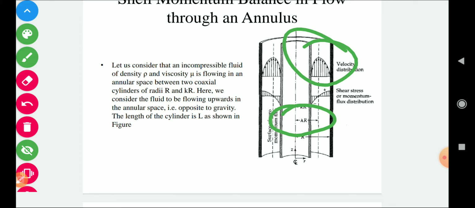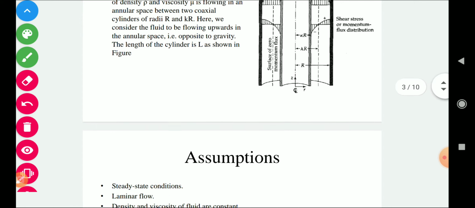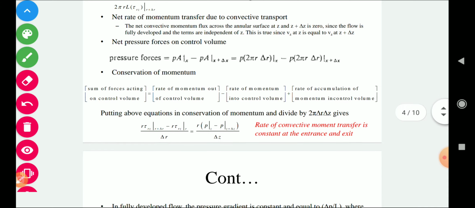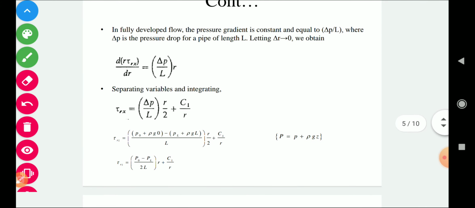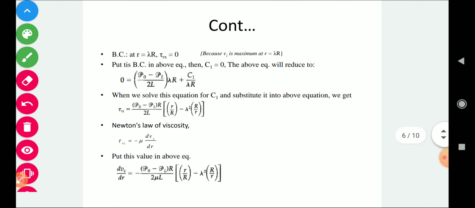So if v_z is constant, equal to v_z max, tau will be 0. So in this boundary condition at r equal to lambda R, tau rz will equal 0. This is tau rz, not tau rx. So this will be 0.